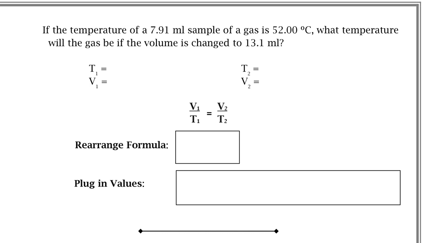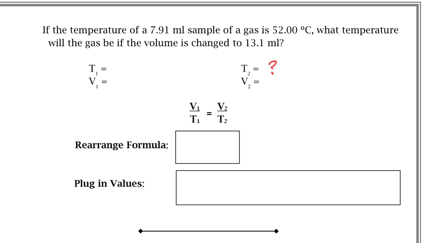So if the temperature of a 7.91 milliliter sample of gas is 52.00 Celsius, what temperature will the gas be if the volume changes to 13.1? What is my unknown? T2.